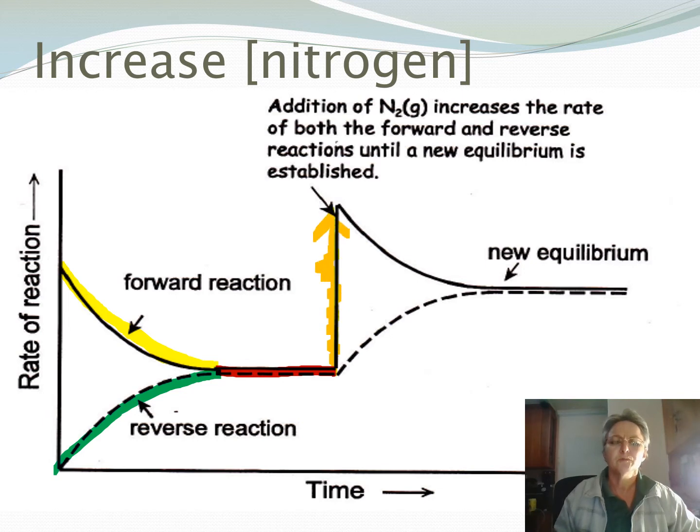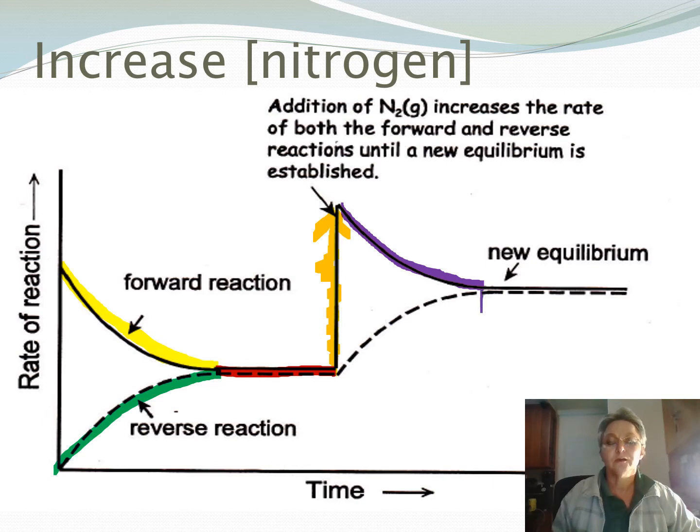The reaction becomes much faster. Now we've got more nitrogen. Because it's a reversible reaction, the rate of the forward reaction will slowly but surely decrease to a point where the next dynamic equilibrium is reached.